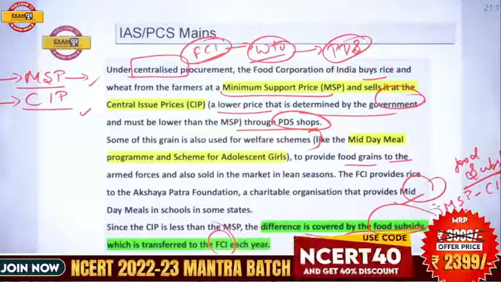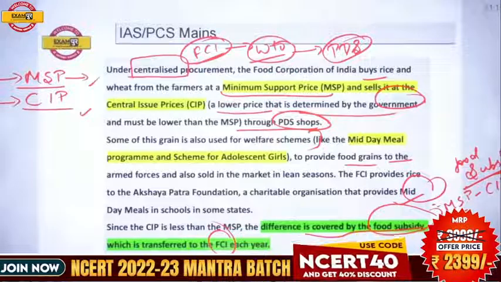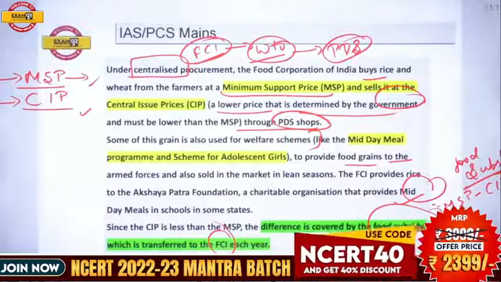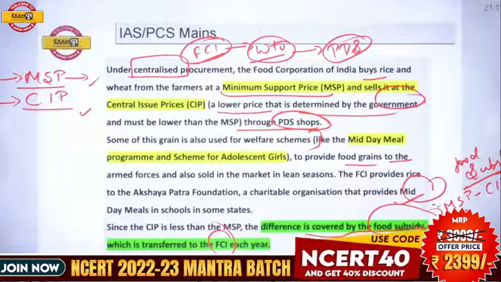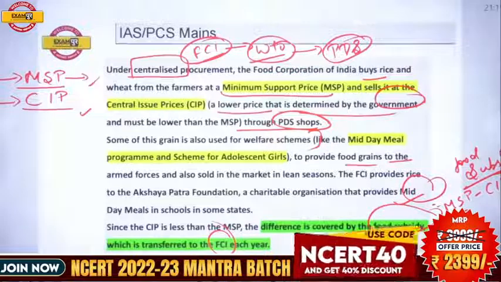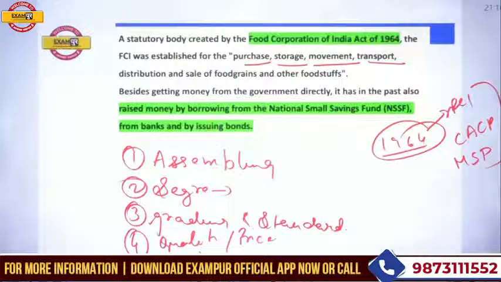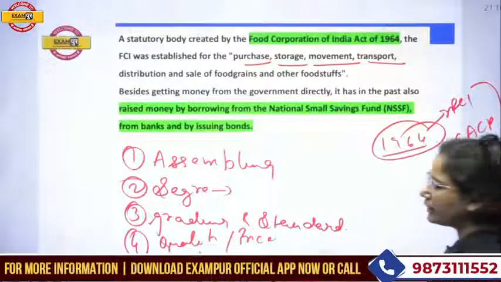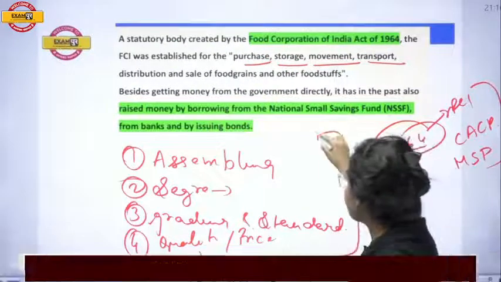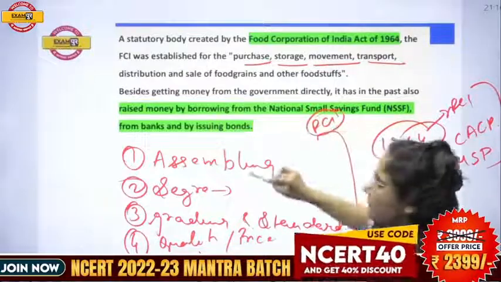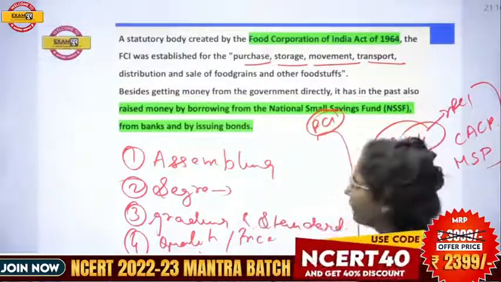You might have heard of it once or twice. It is the lower price determined by the government, and it must be lower than the MSP. These are the steps of the FCI, the Food Corporation of India.